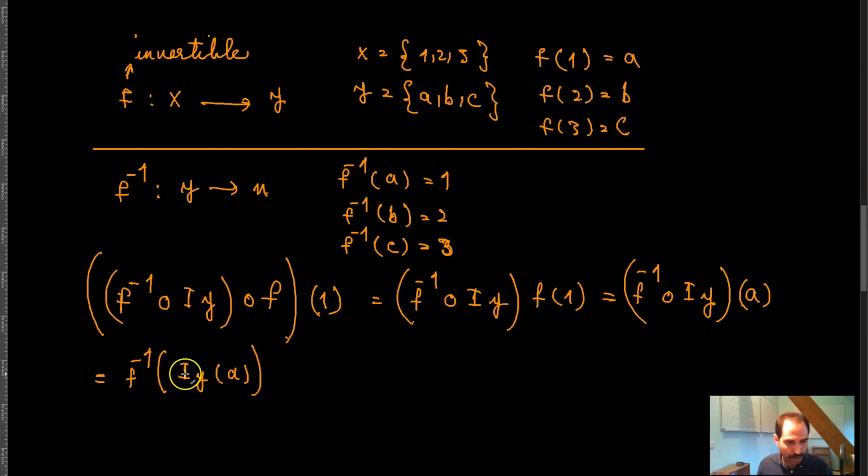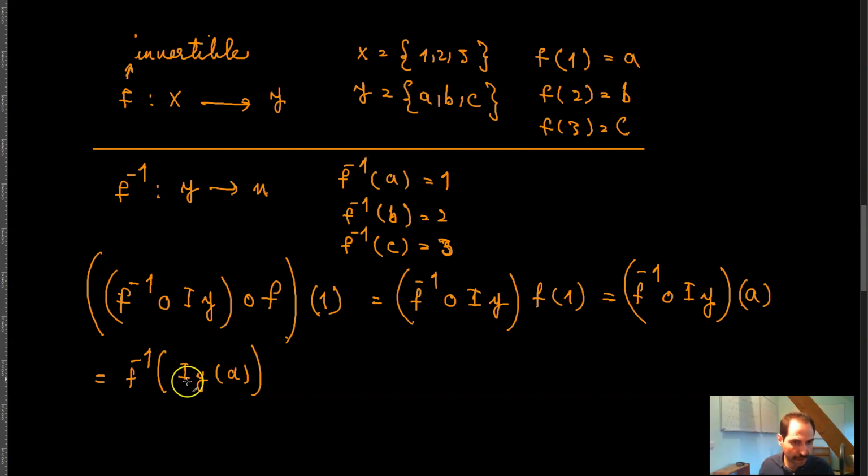Now I of y is the identity function on y, and the only thing that it can accept is the members of the set y. The members of the set y are a, b, and c, and what I of y does is, whichever member of the set y you input into this function, it's going to give you the same thing back.